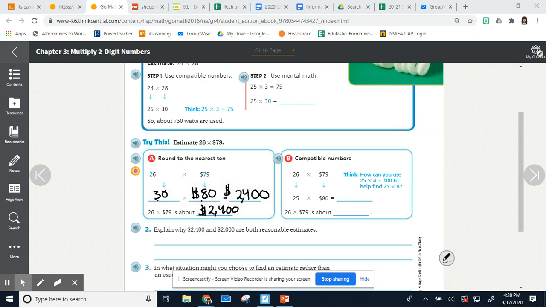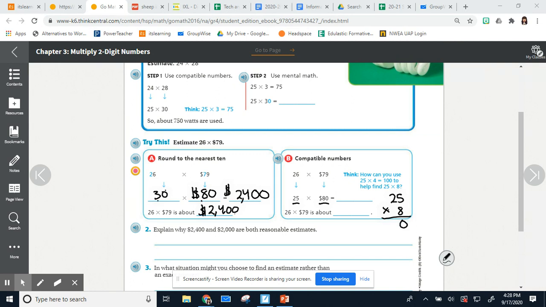Okay. Now, if you wanted to, you could use compatible numbers or friendly numbers instead. So over here, they made the 26 into a 25, and then the $79 is still $80. So now you can just think 25 times 8 first. I'll write that over here. I like to stack them like that. Okay, so 5 times 8 is 40.